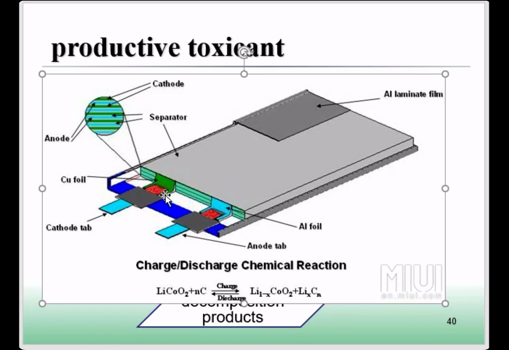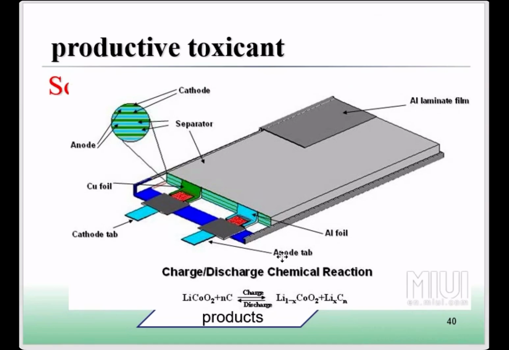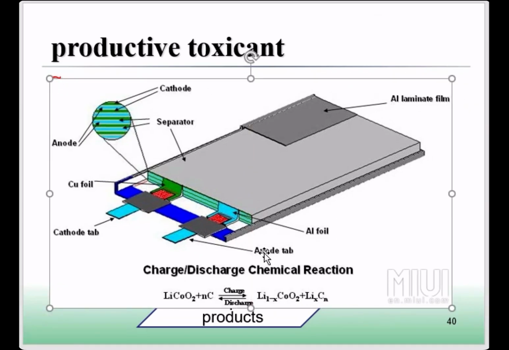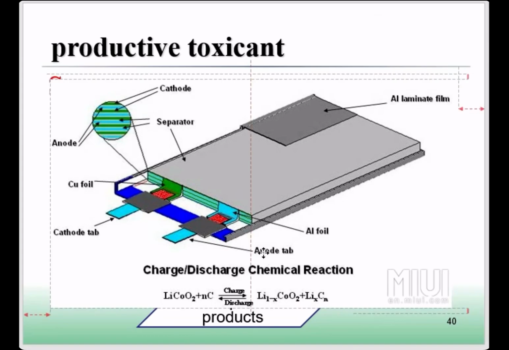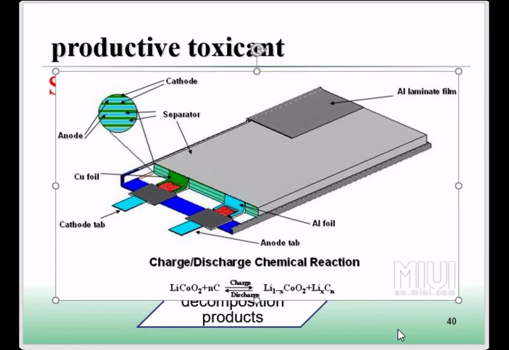For example, from this structure you will find another hazard. So when we do this chemical reaction, we are exposed to different agents, and if these agents are higher than the limits, they may hurt the workers.